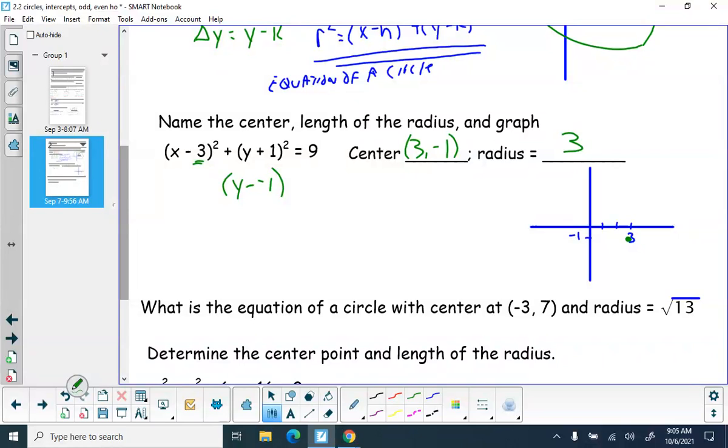Trying to space this out as best as possible. From my center point, I could go up 3, I could go to the right 3, I can go to the left 3, and I can go down 3.